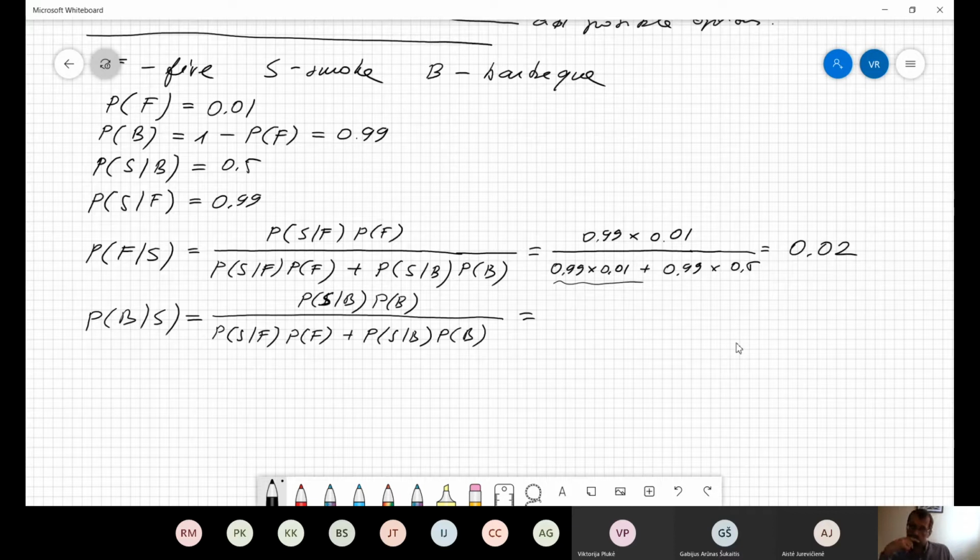I have put it wrong. But Gabius has calculated it correctly, so I don't know. This is 99, this is 99. The first part should be PSB.